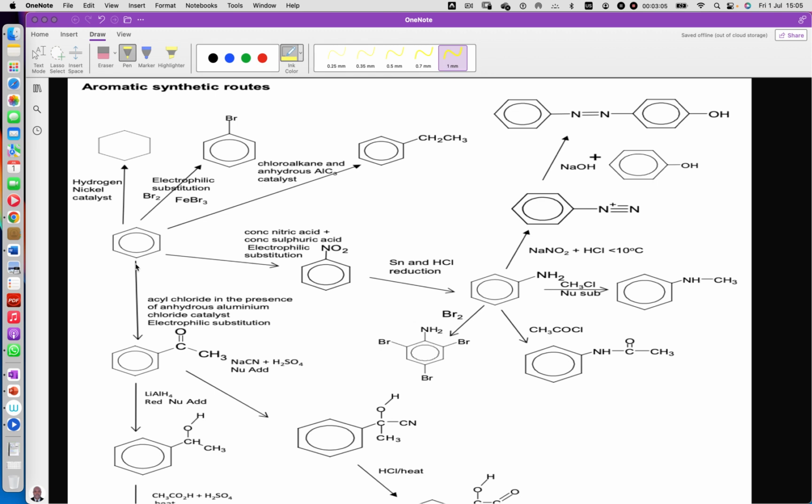Now, we'll be starting with benzene, and the first reaction will be hydrogenation, converting benzene to cyclohexane. This is by hydrogenation.